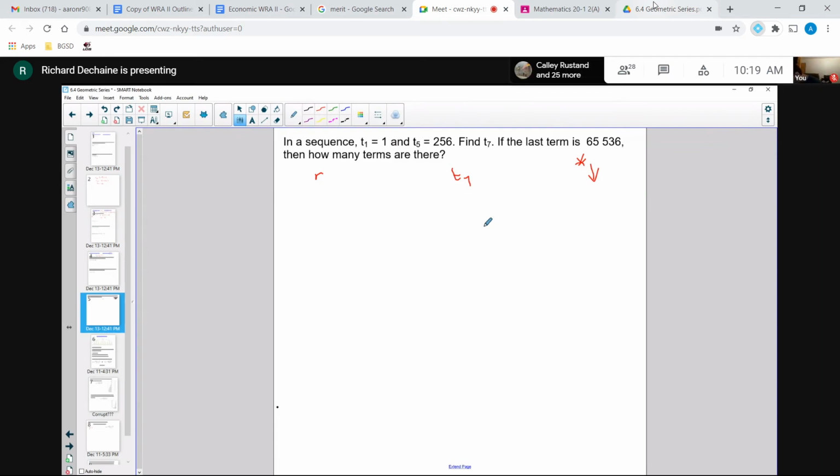So this goes back to Friday's lesson. Same formula. It's an R to the exponent n minus 1.